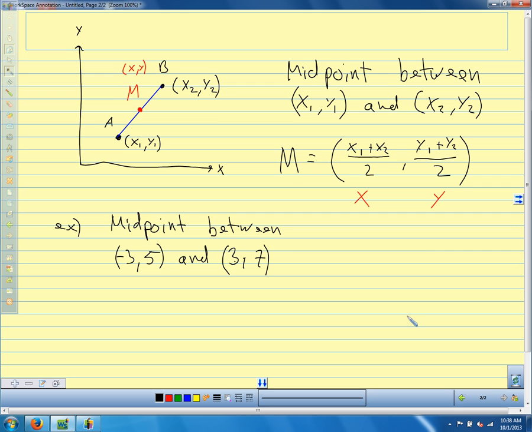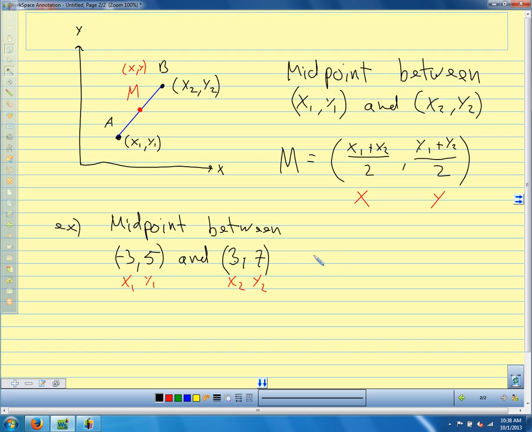What I recommend when we're doing these kinds of problems with coordinates is let's label our points. I'm going to label this one x1 and y1 and x2 and y2. Doesn't matter which one we call x1, y1, x2, y2. We just have to keep the ones together and the twos together. And then I'm going to plug them into my formula.